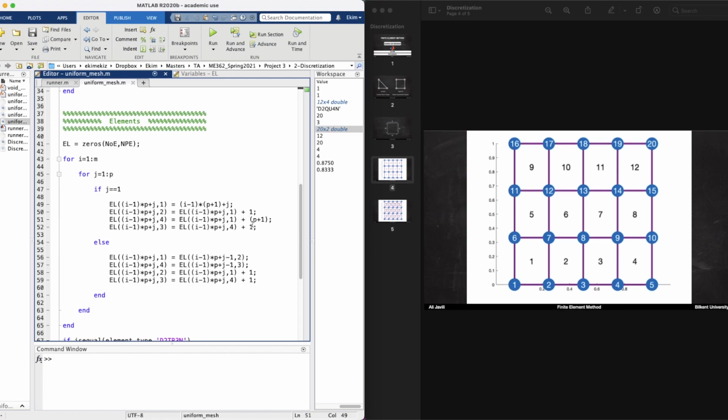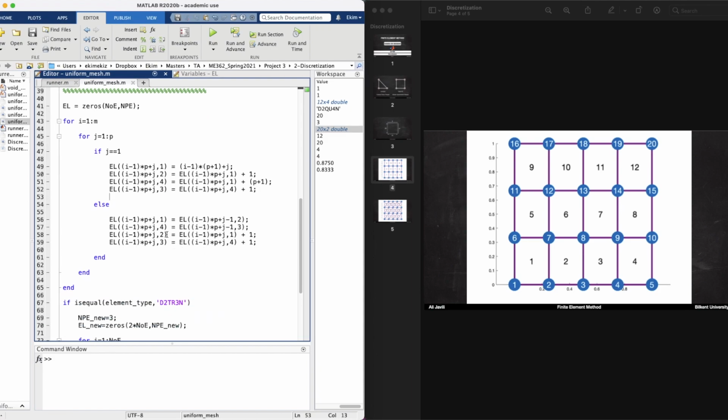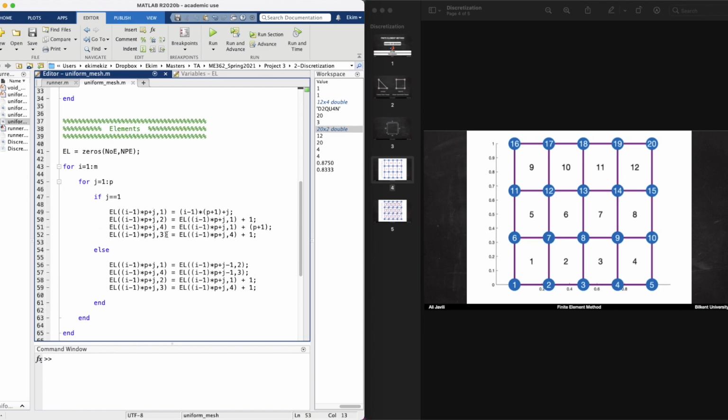So p was 4, right? So 1 plus 5 is 6. And lastly, using the information of the fourth node, we just add 1 to it to get our third node. And that is how we assemble our element list.